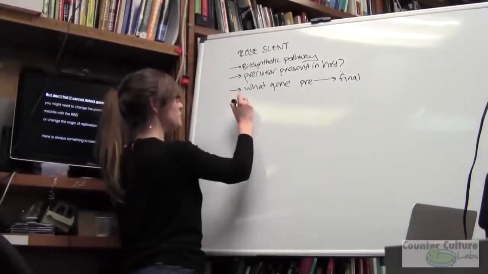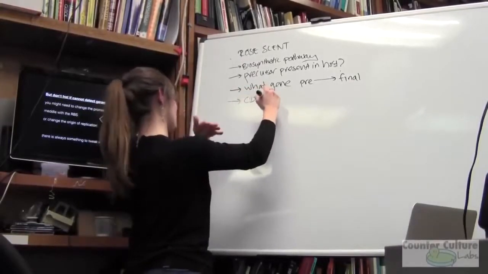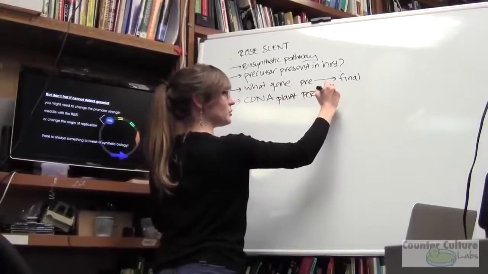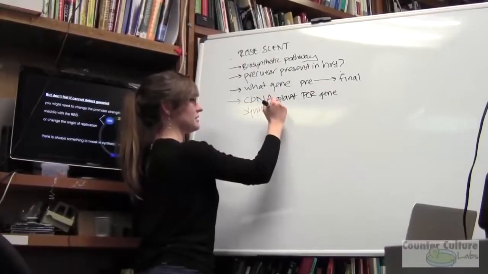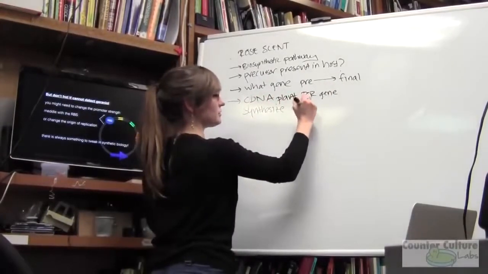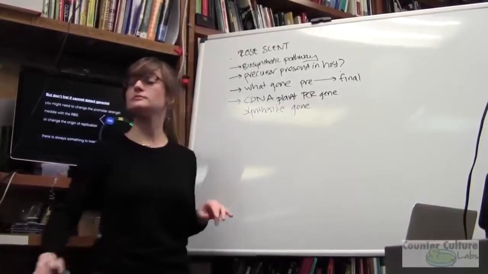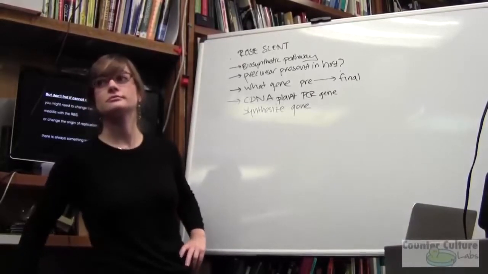So we either have to get our hands on the cDNA from the plant and PCR the gene, or we can just synthesize the gene. In your example, we just went with synthesis, but are there any scenarios where cDNA is an easier, better way to go?